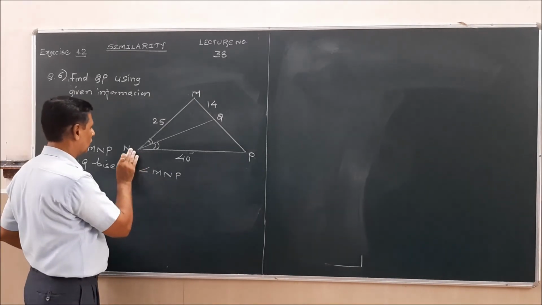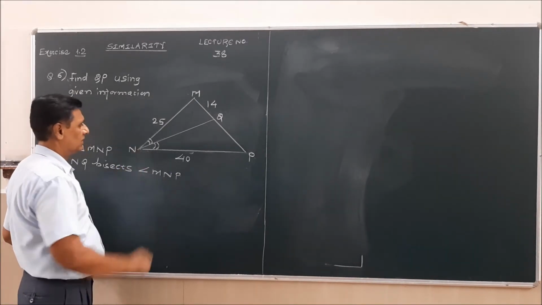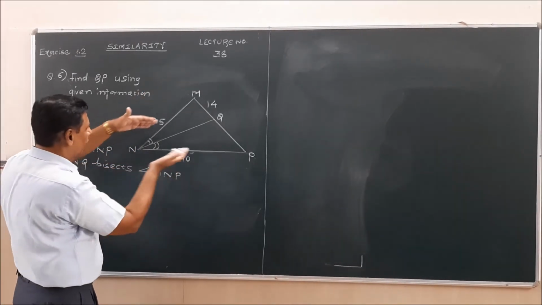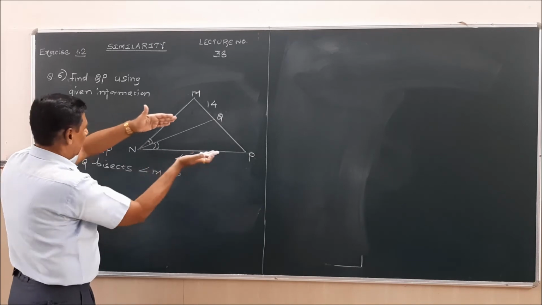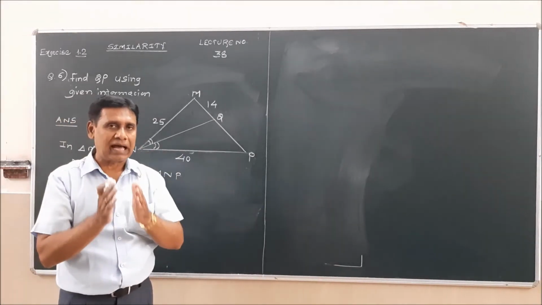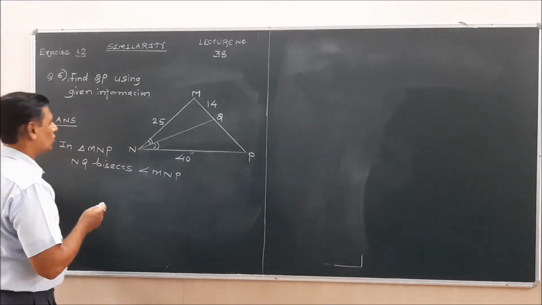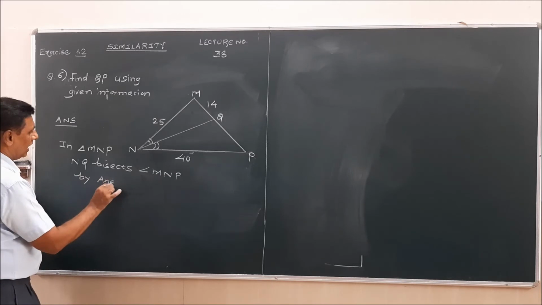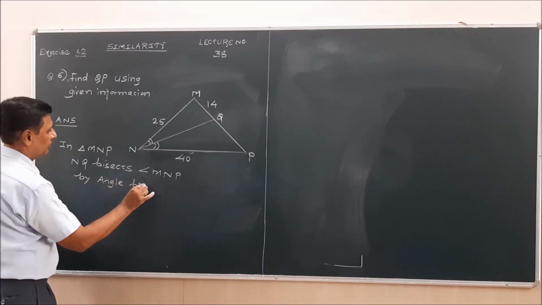This angle got bisected over here. Fine. Now angle N is the union of which two sides? MN as well as NP. So the ratio of the sides of the angle. That is important. So by angle bisector theorem.